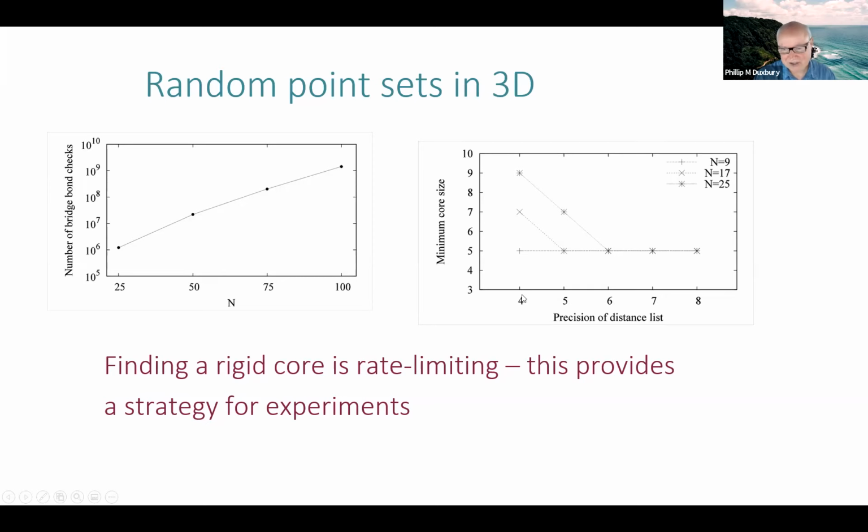Even here, we have an error which is only 0.01%. Nevertheless, we were not able to do reconstruction without starting with significant core sizes. To get reconstruction here, we had to start with a core size of 9. And that makes things very difficult.